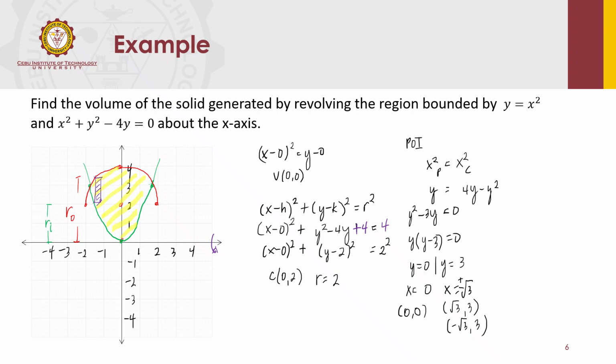So for the outer curve, that's from the x-axis, the y values of the circle, y of the circle, and for the inner radius, that's y of the parabola.